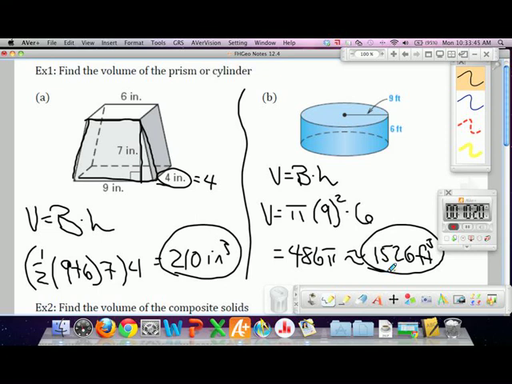It's exactly 486 pi cubic feet. Again, it's helpful to be able to talk about both. The exact measurement is more helpful for calculations, but if we want to have an actual concept of how big it is, how much space it's taking up, the approximation can be much more useful. Either case will be fine.